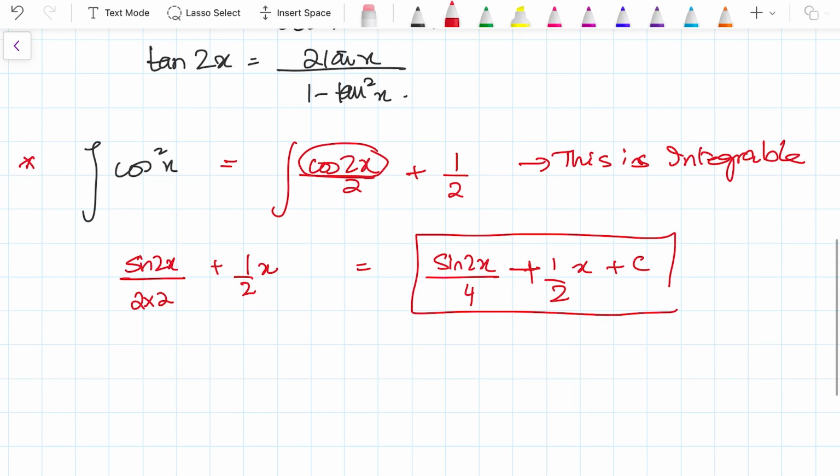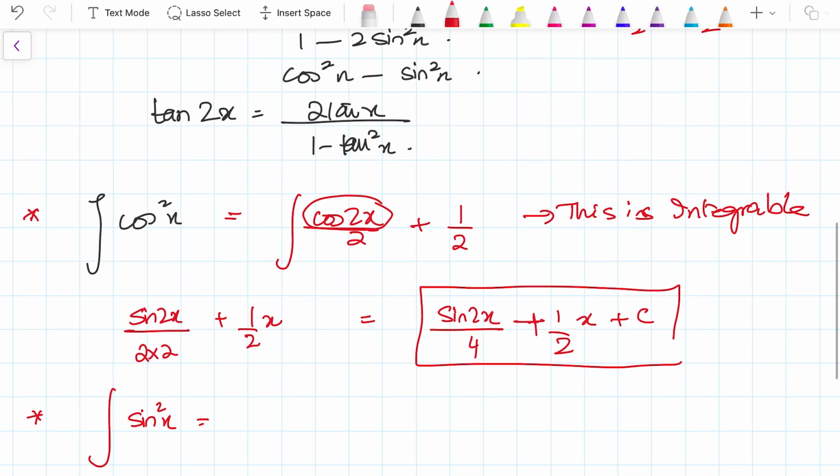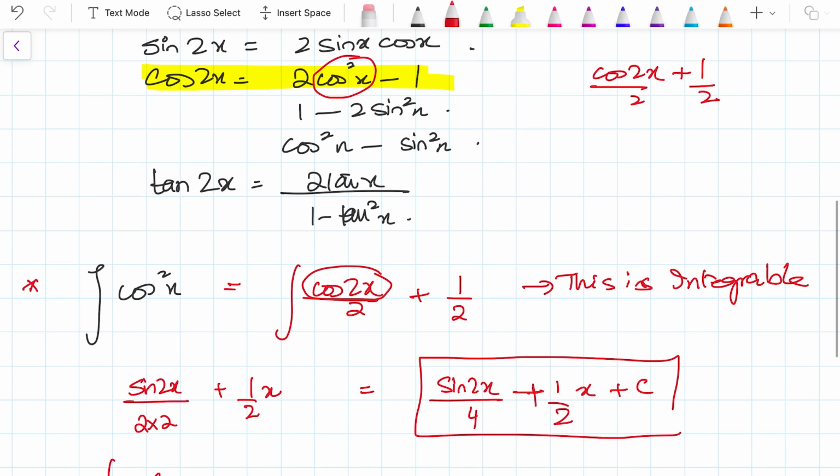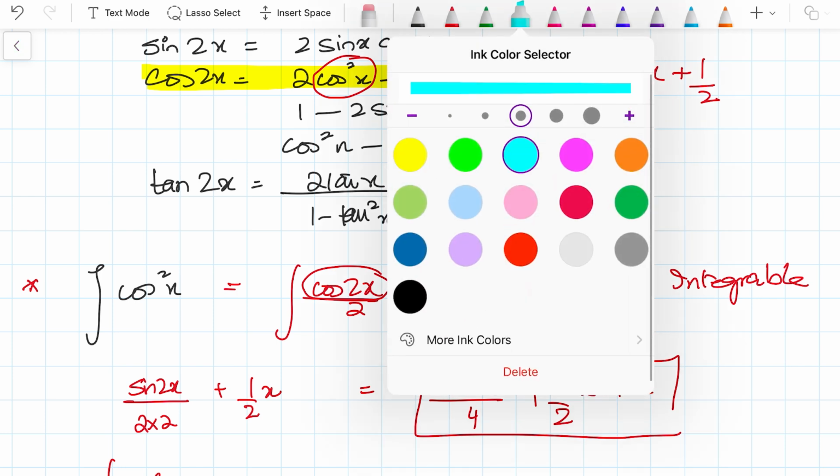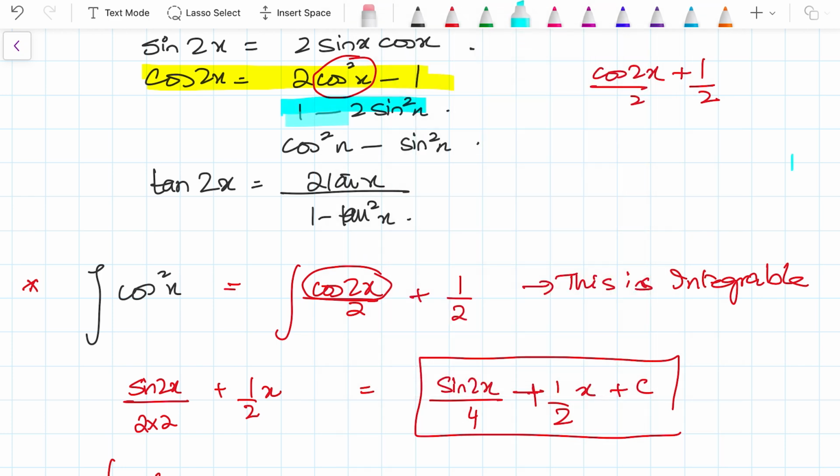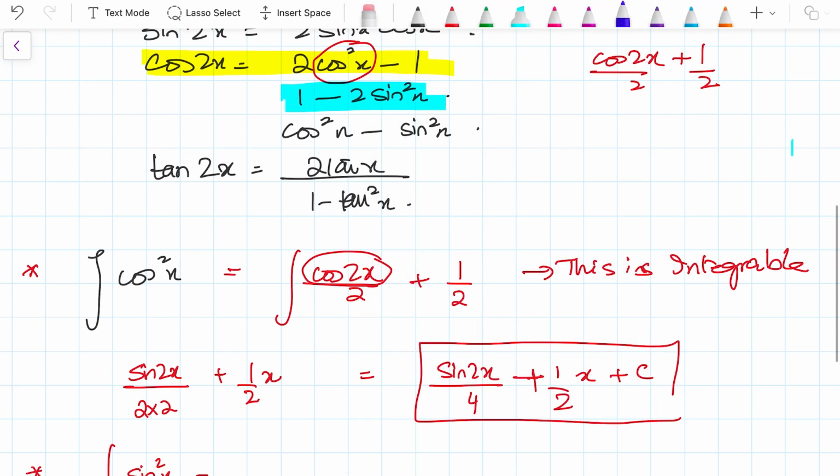Now, the next is, for example, if we have to integrate sine square x. We will again use a double angle identity, but this time we'll use it of sine: 1 minus 2 sine square x. So we know that cos 2x is equals to 1 minus 2 sine square x. Let's make sine square the subject.